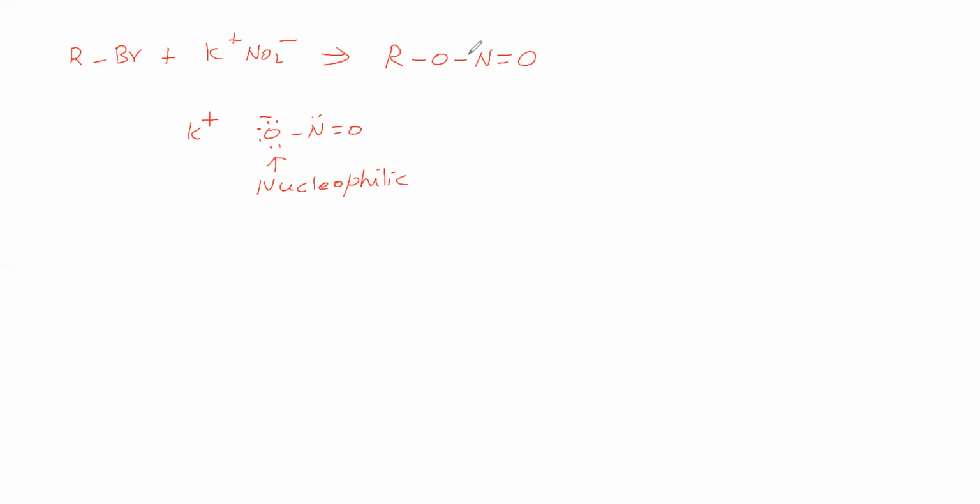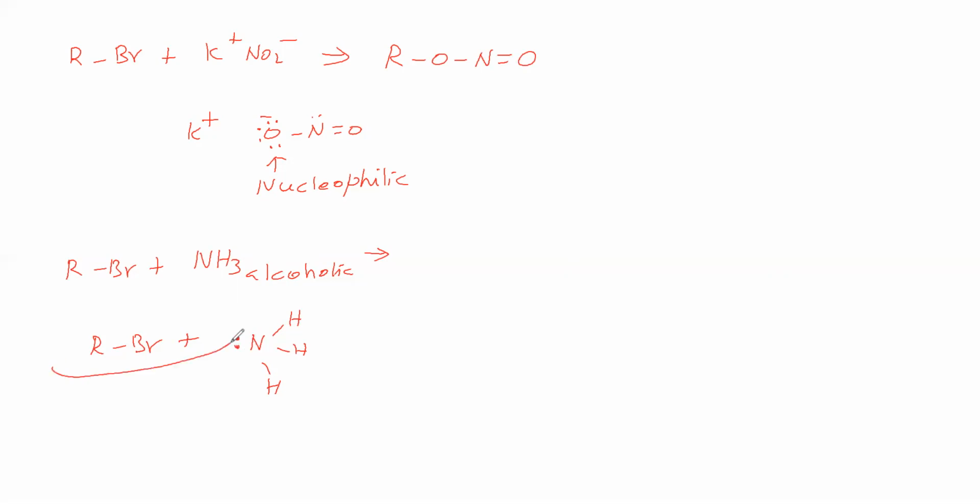Next, alkyl halide with alcoholic ammonia. What is the reaction we will see? Now, this RBr we will take, and ammonia, which has a lone pair.